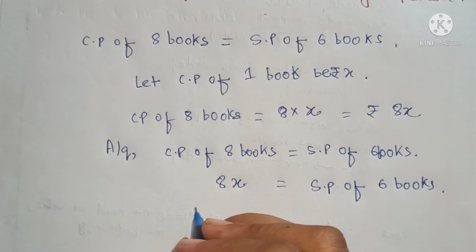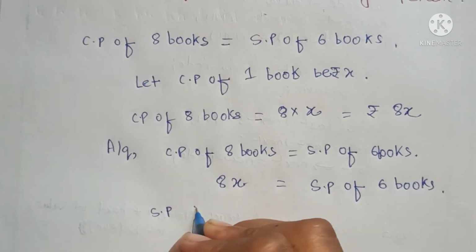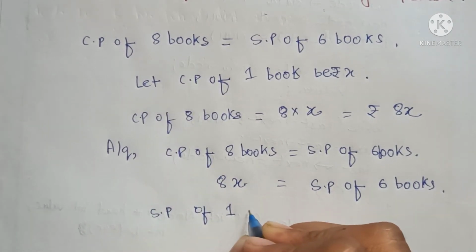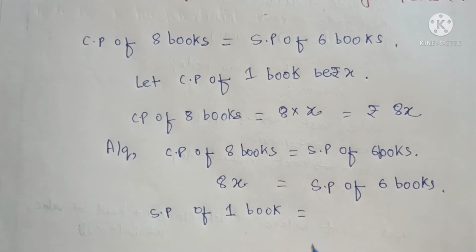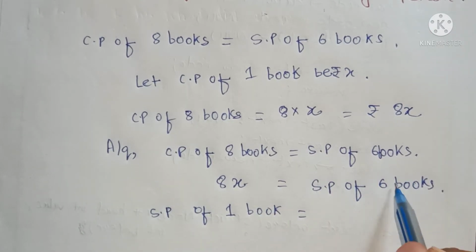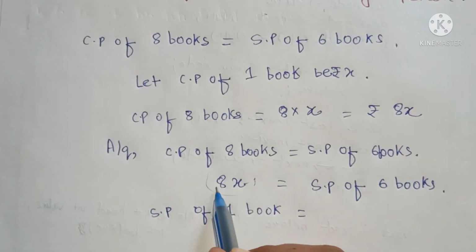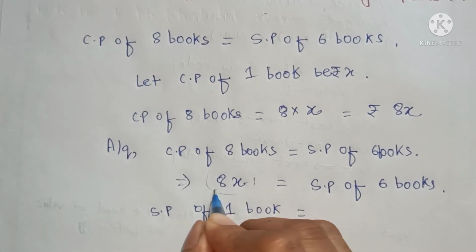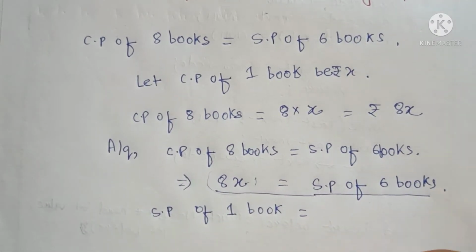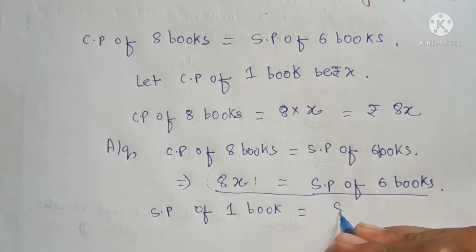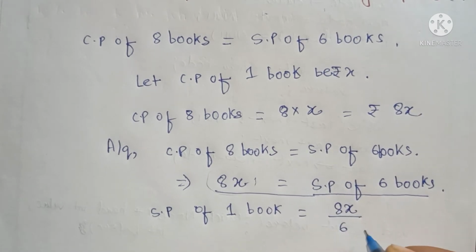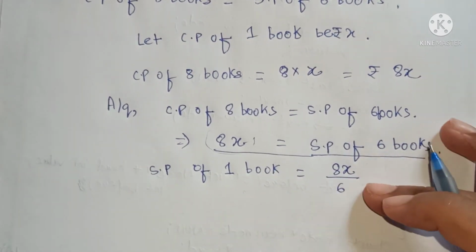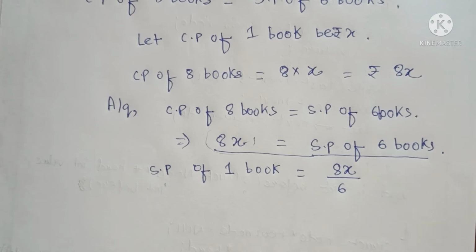Now we need to find the SP of one book, because we always deal with one. Selling price of one book will be how much? अगर 6 बुक की सेलिंग प्राइस 8x है, देखो यहाँ पे 8x आया ना, 6 बुक्स की सेलिंग प्राइस अगर 8x है तो एक बुक की सेलिंग प्राइस क्या होगी? फॉर वन वी हैव टू डिवाइड, राइट? सो 8x डिवाइड बाय 6, दिस इज द सेलिंग प्राइस ऑफ वन बुक.